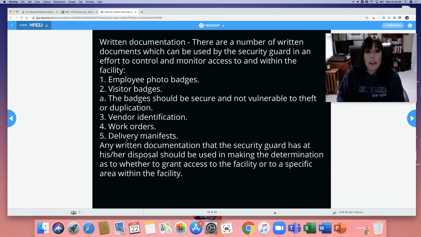And that would have this type of paperwork, a delivery manifest. So it's up to the security guard to check and double check all of these things and make sure they all square up, match up, and you can always check with your supervisor or other supervisors at the facility to verify that these are legitimate people and they should be there.